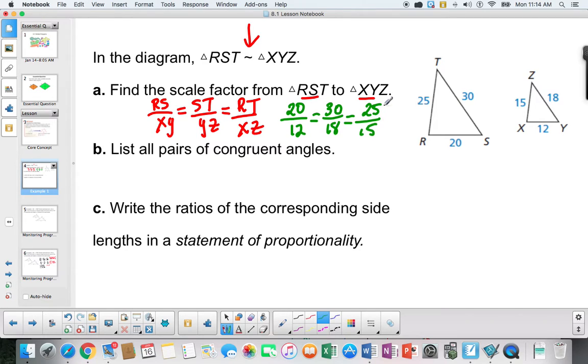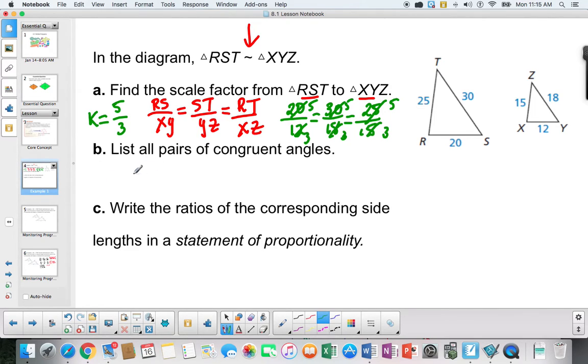And I want you to notice when we reduce this, this will be 5 to 3, and 6 goes into there 5, 6 goes into there 3, 4 goes into there 5, 4 goes into there 3. They all have the same ratio. So we say that the scale factor is 5 to 3. You only needed one pair of corresponding sides to do that, but I did show you all three.